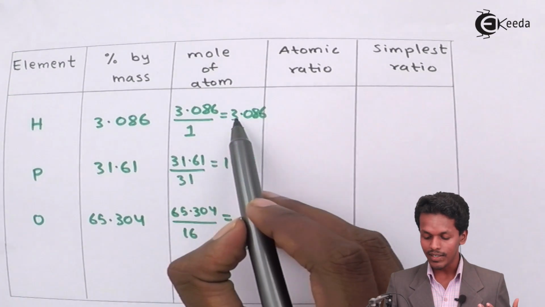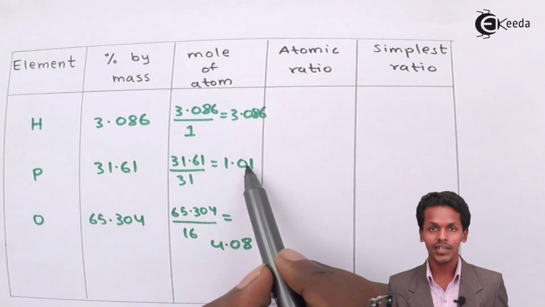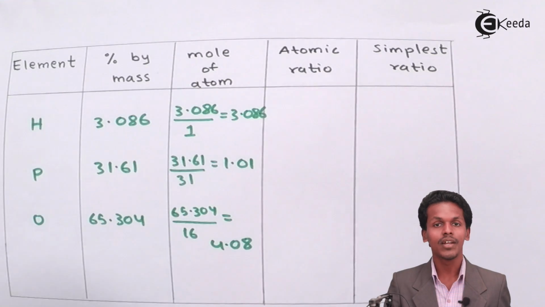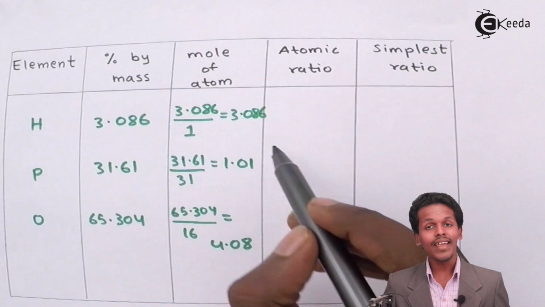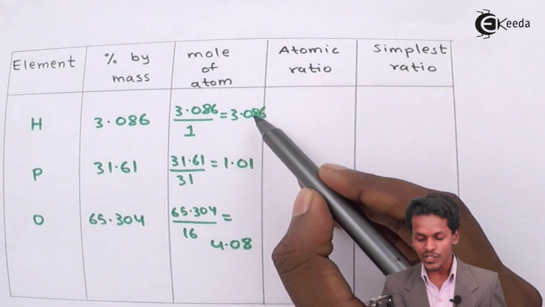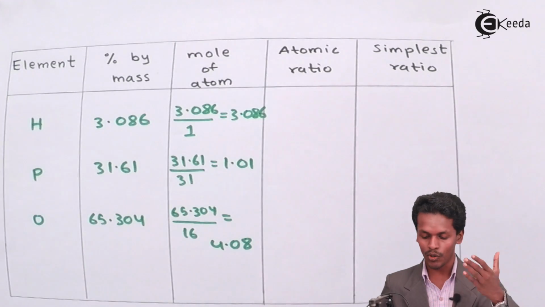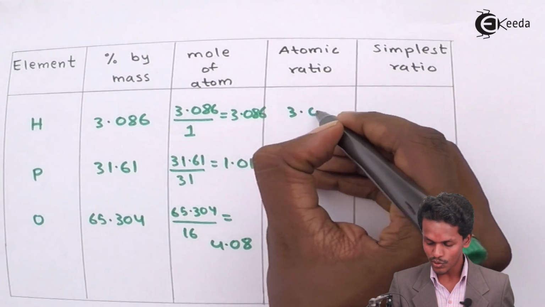If we divide 3.086 by 1.01, this will be the atomic ratio of hydrogen itself. So 1.01 is the smallest number among the moles of atoms, and the answer that I get is 3.055.